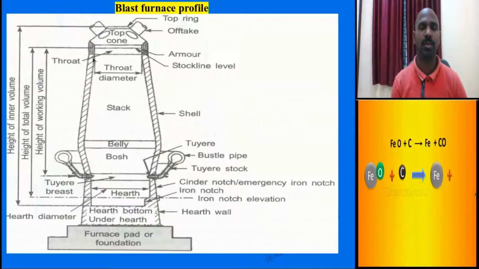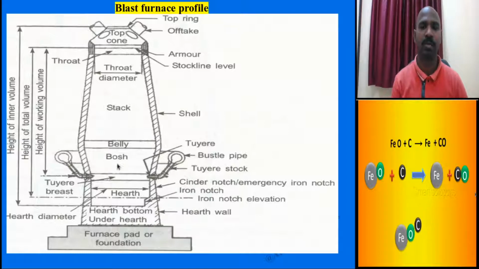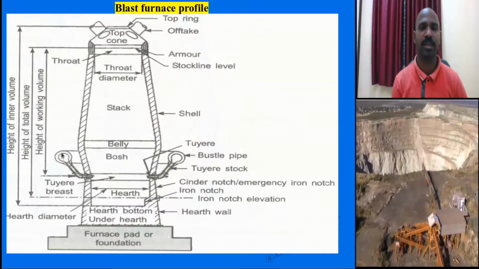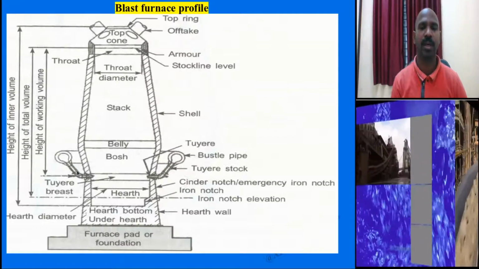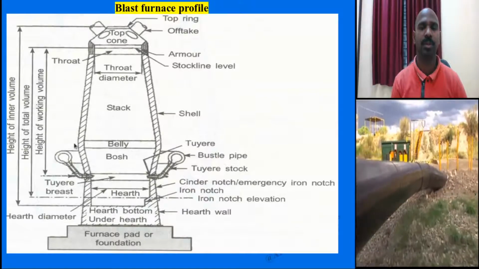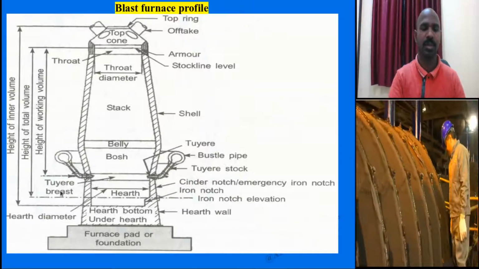This section is tapered downward with increasing cross section, and this zone we call the bosh. This is tapered inward with decreasing cross section, and these are the tuyeres through which the hot air is supplied from all sides of the blast furnace. That's why you will see tuyeres on this side and that side.